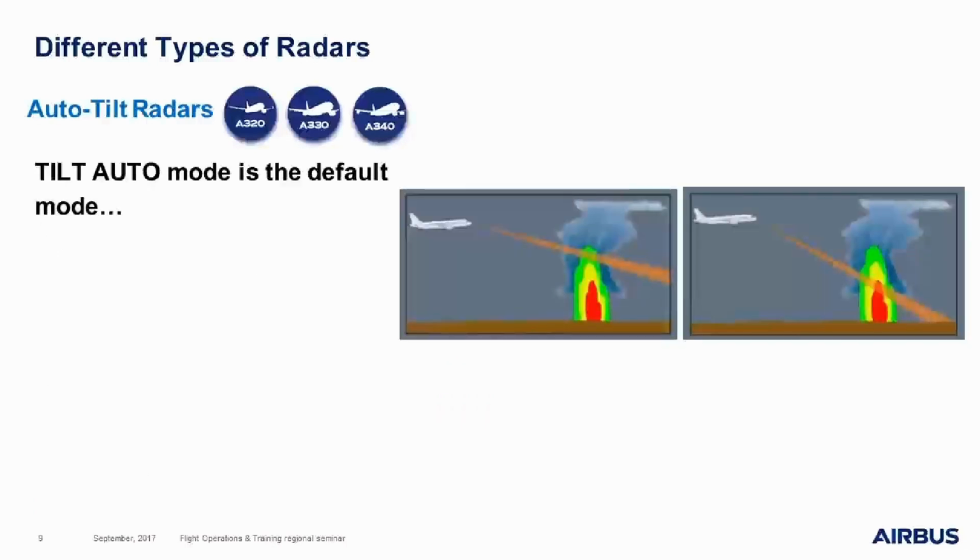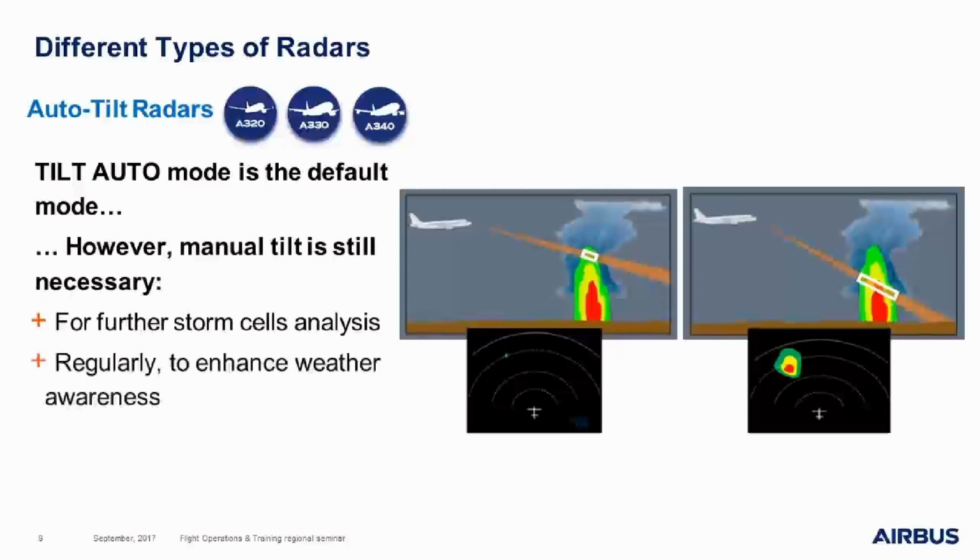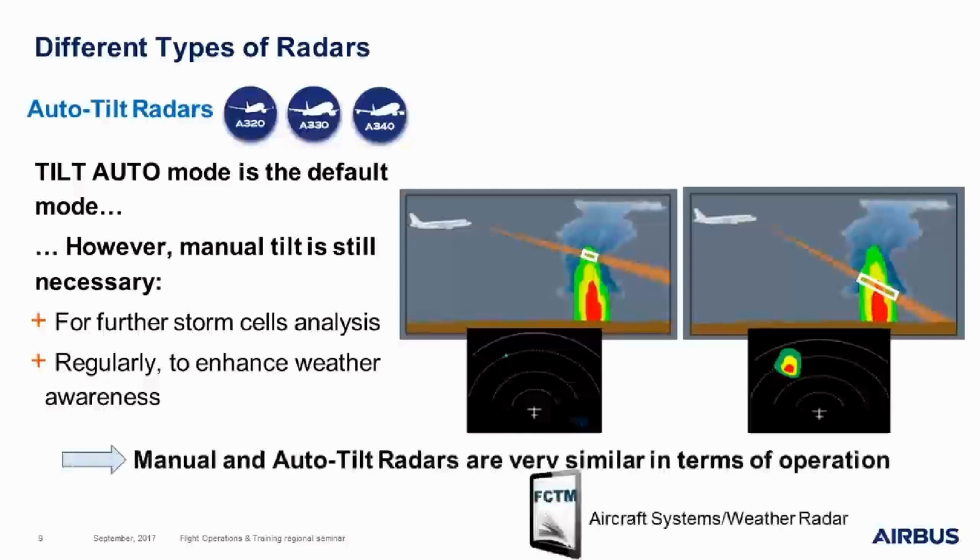With auto-tilt radars, the tilt auto mode is the default mode. However, manual tilt is still necessary for further storm cells analysis and also regularly to enhance weather awareness. We can say that manual and auto-tilt radars are very similar in terms of operation, even if auto-tilts provide the possibility to have a default value that is very useful.